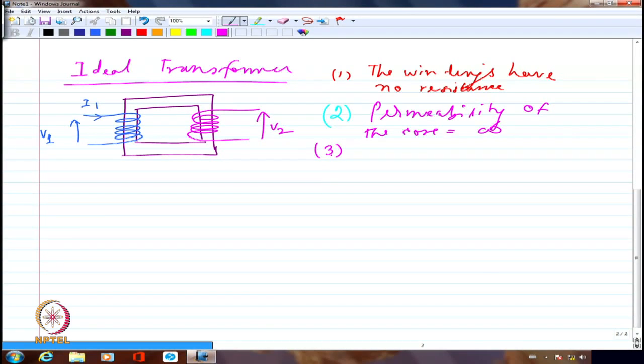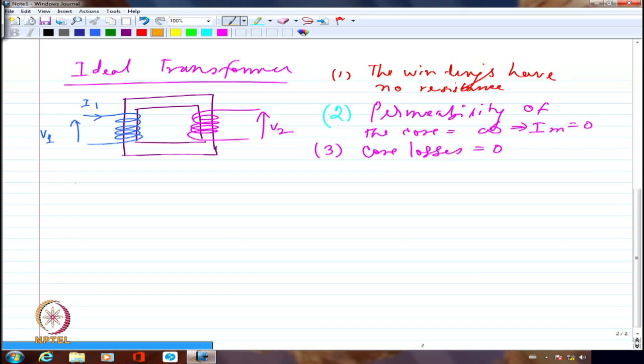If I say permeability is infinity, very clearly I am going to have the magnetizing current equal to 0. This is implied. I am not going to draw any current to magnetize the core or establish the flux. So I am assuming that magnetizing current is 0. The third assumption I am making is that the core losses are 0. I am not going to have any losses in the core.